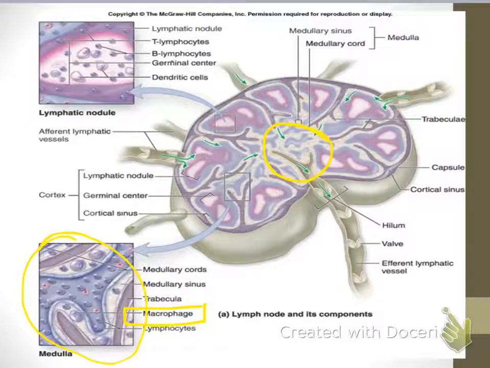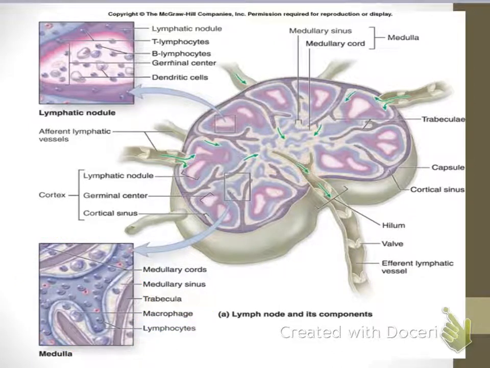So it could be viruses, infected cells, bacteria, or a cancer cell or a tumor cell that is just not looking right. So macrophages are just kind of like Pac-Man, and they hang out in the medulla, which is the middle portion of the lymph node.